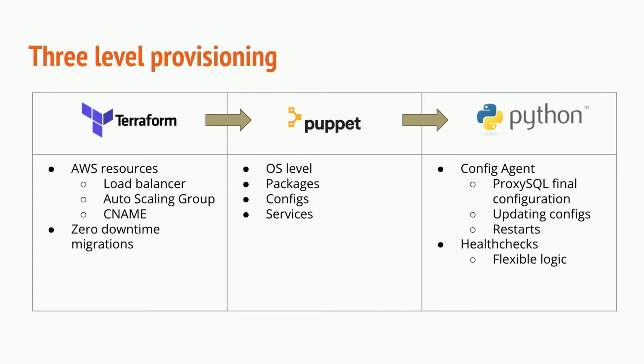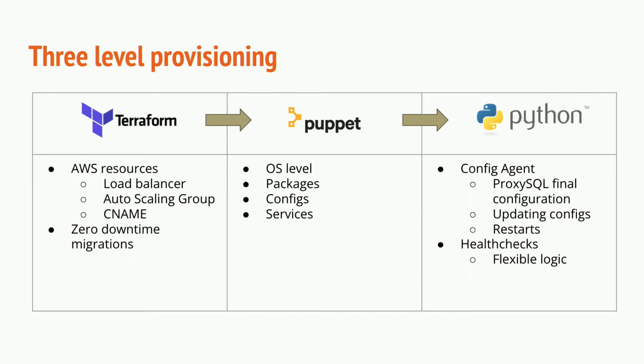Okay, so we approach this problem with 3 stages of provisioning. If you think about ProxySQL as service, you need to run it somewhere, right? So we run on AWS, so before we can provision ProxySQL, we need some AWS resources to run it on.